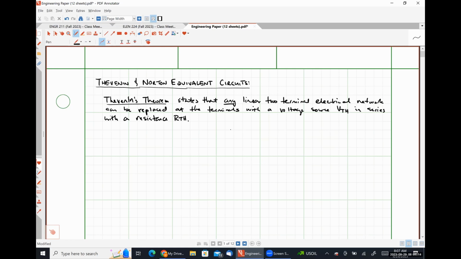Now, in order to determine the Thevenin voltage, there are a special set of rules. And in order to determine the Thevenin resistance, there are a special set of rules. And so we'll talk about those now.